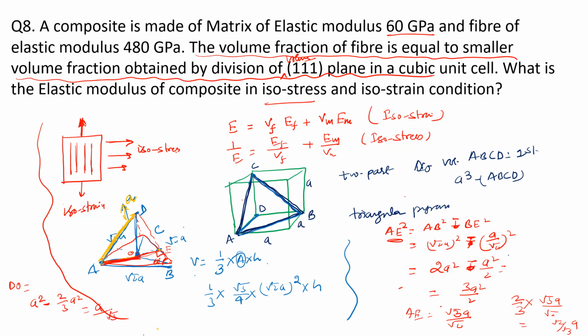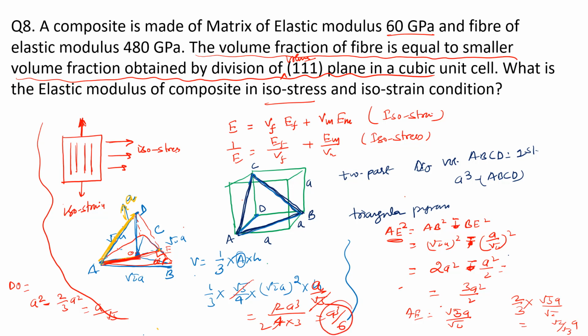So this will be a by root 3. So h here will be equal to a by root 3. Now do the calculation. Root 3 cancels, then it will be 2a cube by 4 into 3. So here it will be 2, so this will be a cube by 6.